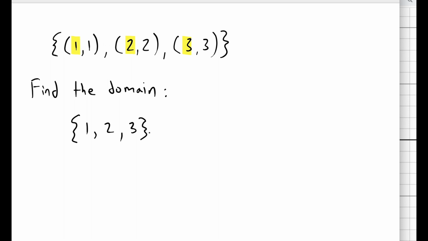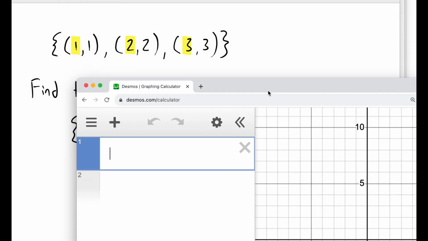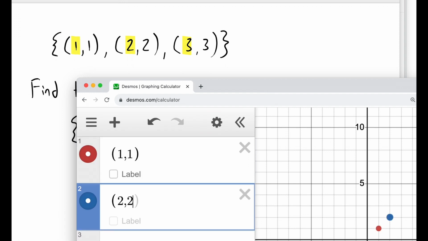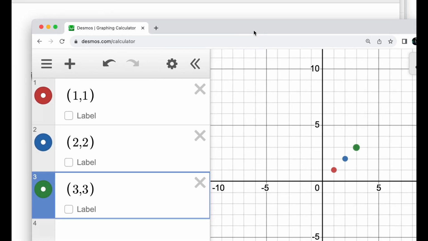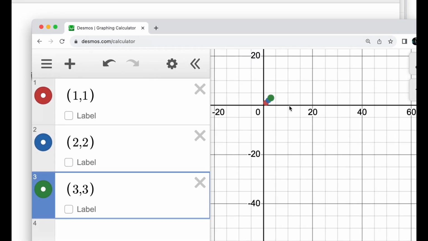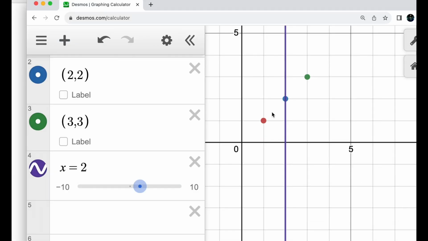But there's another way to do this visually as well, using a graphing program like Desmos.com. Go to Desmos. Type in the coordinate pairs. It makes a nice visual picture of your function. One way to find the domain is to figure out what x values those points are at.